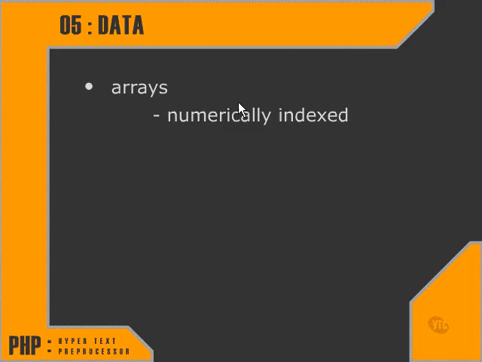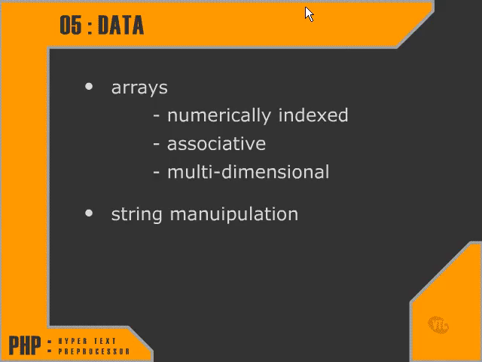We're going to be looking at numerically indexed arrays, associative arrays, which allow us to give names to each element within the array, and multidimensional arrays, effectively arrays of arrays. Then we're going to look at some string manipulation, the ways we can work with strings within PHP. And finally, we're going to look at regular expressions, ways of checking strings against a pattern of numbers, letters, or symbols.